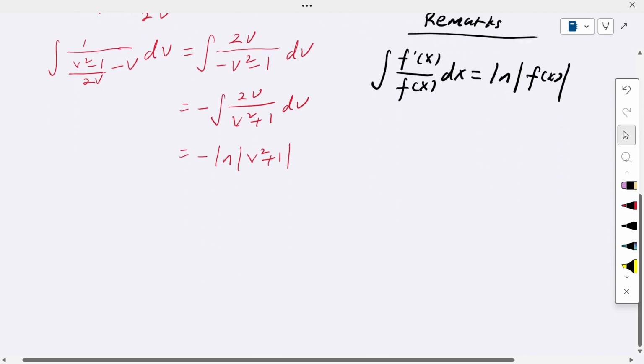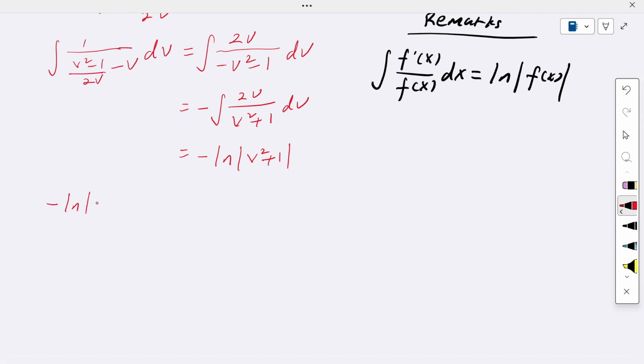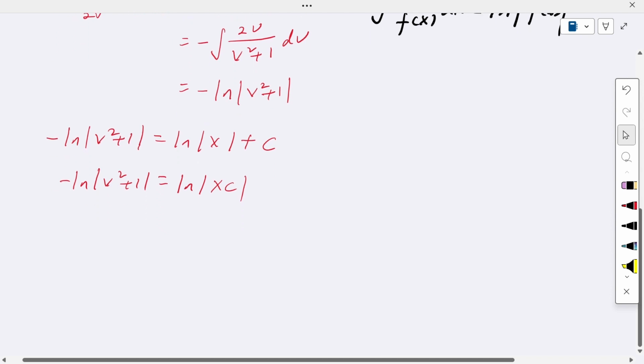Now we rewrite this: minus ln(v squared plus 1) is equal to ln x plus c. This can be further simplified: on the right, ln x plus c can be written as ln xc.